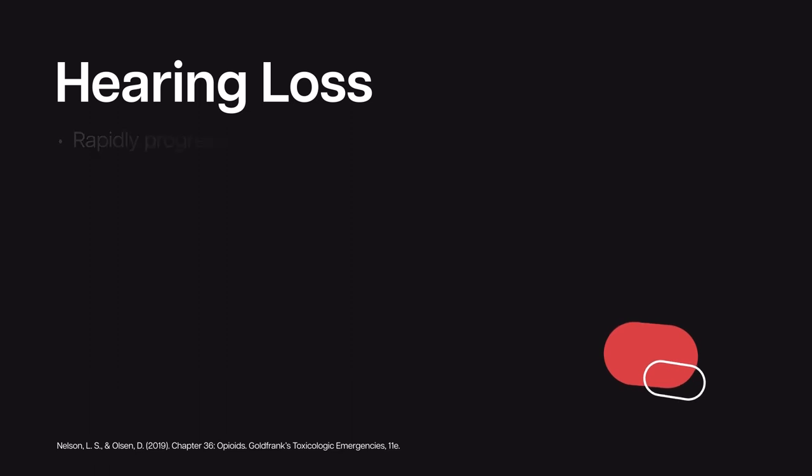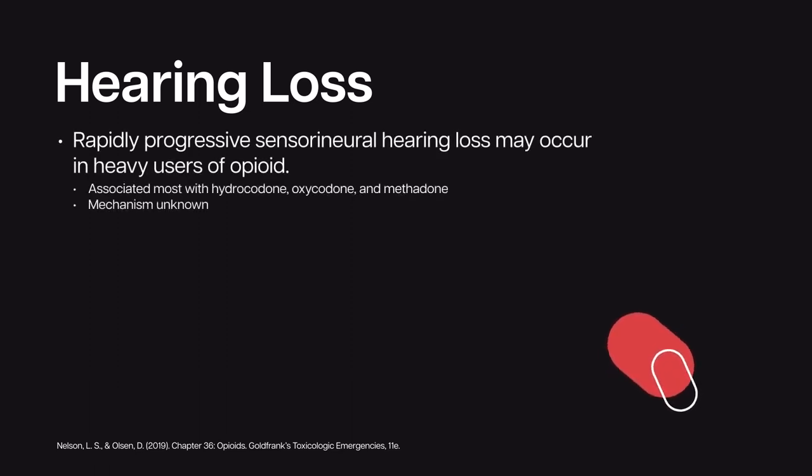Hearing loss. Rapidly progressive sensorineural hearing loss may occur in heavy opioid use. It is most associated with hydrocodone, oxycodone, and methadone.